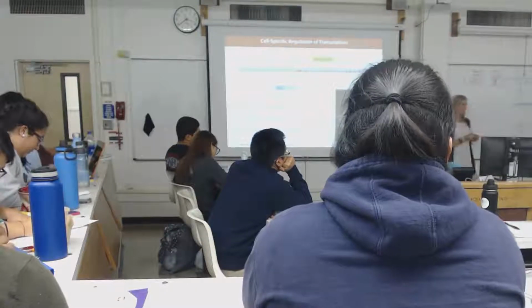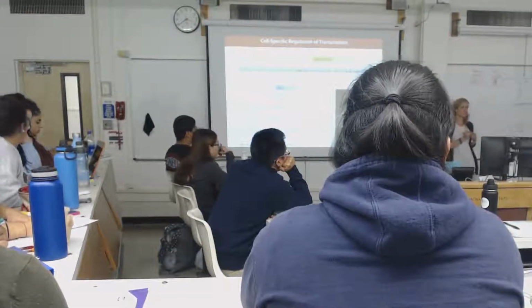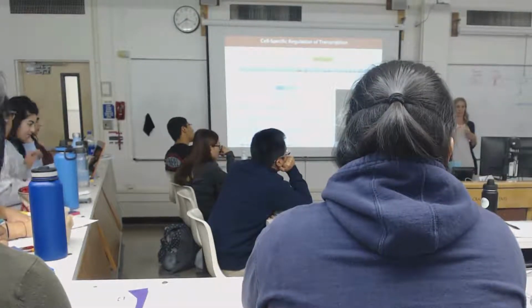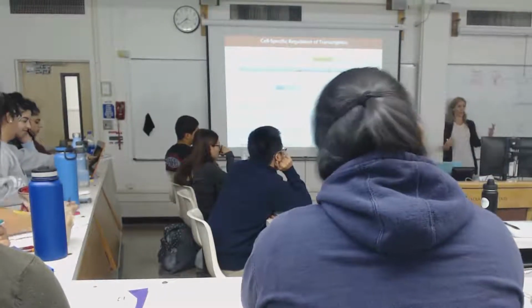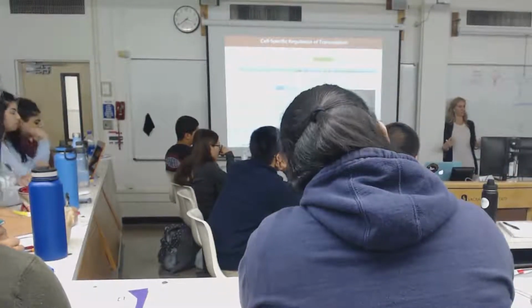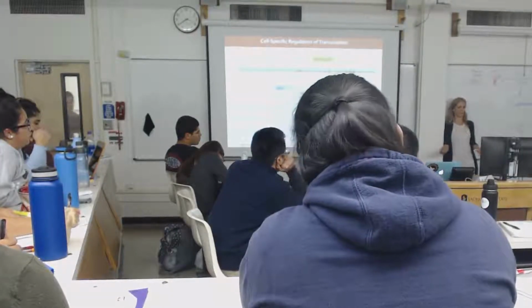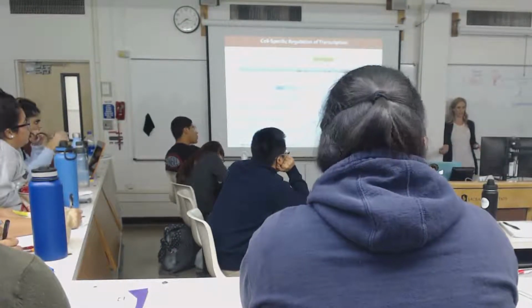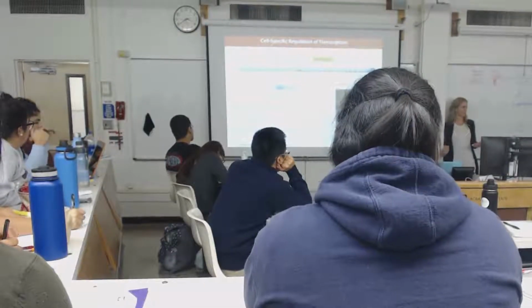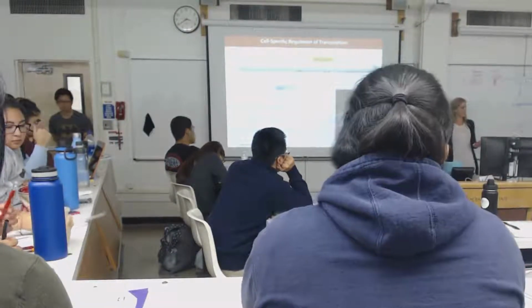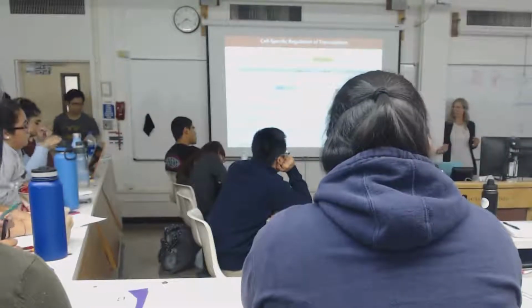This is an example of a reporter gene. The word is on the next slide. It reports on where another gene is expressed. It's a reporter because we can see it. A lot of times in molecular biology, we're tasked with how to see and detect these processes, and we have all these cool tools.